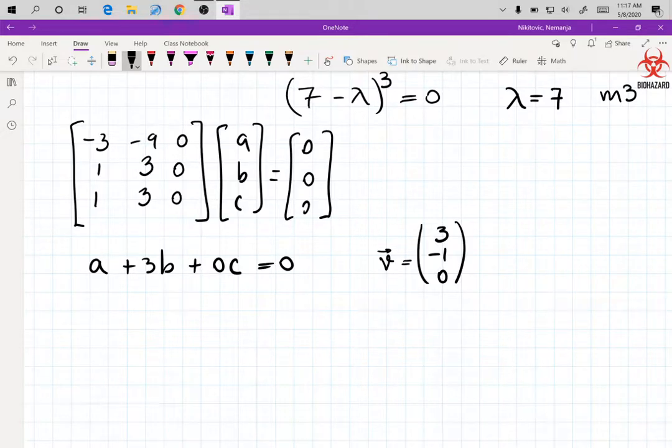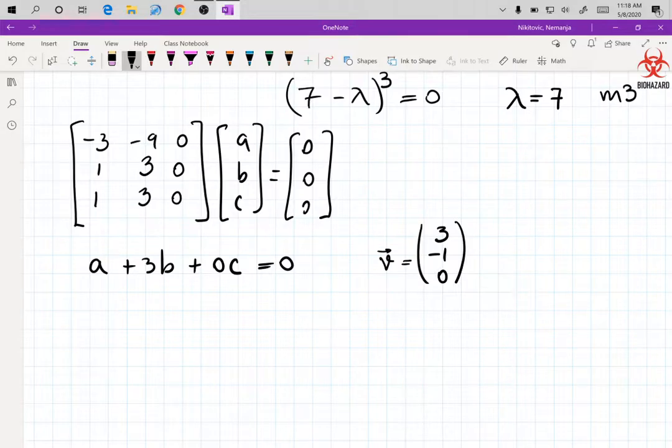We need 3 vectors, because we do have 3 eigenvalues. They're all the same, but we need 3 independent vectors. My terminology today is not working. So we need 3 independent vectors to figure out all of this.